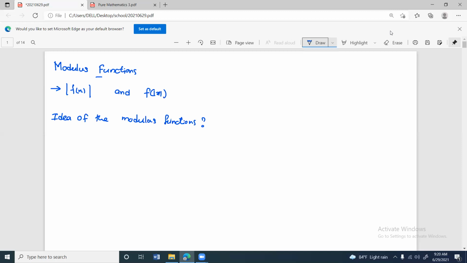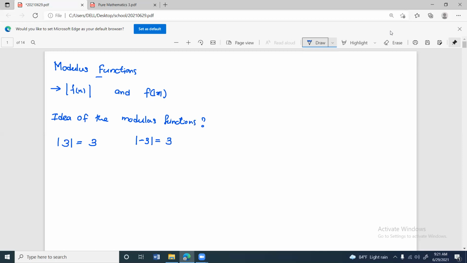For example, if you get modulus of 3, the answer we know is 3. If I ask you to find the modulus of minus 3, that one is also 3. We know that irrespective of the sign, we consider the largeness or the magnitude, and that is called the modulus.